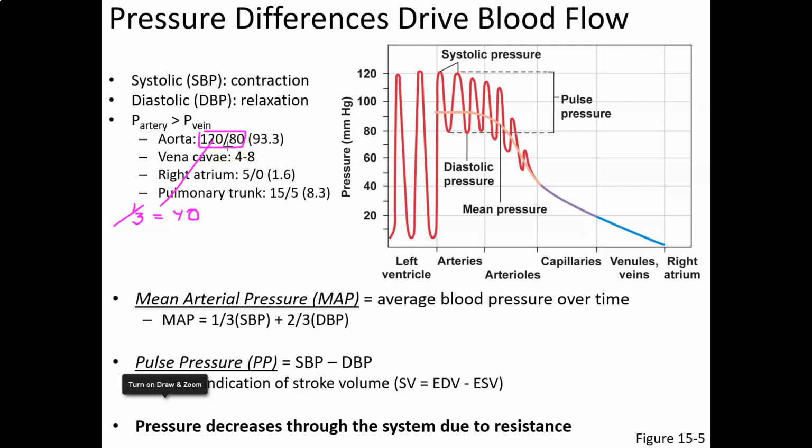Two-thirds of 80 is a little more difficult, but if you take 2/3 of 80, that is going to be equal to 53.3. So we just add these two together, 40 and 53.3, and we get a mean arterial pressure of 93.3.